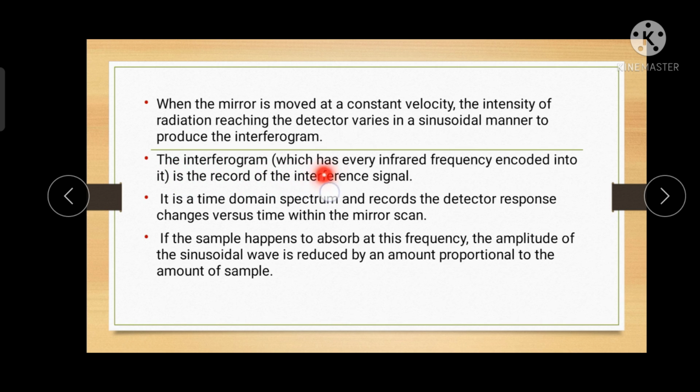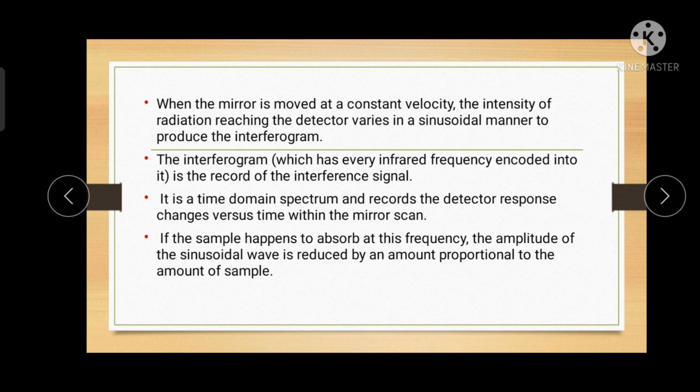The interferogram has every frequency encoded into it, that means the interferogram consists of the information about every frequency component of the radiation and is a record of the interference signal. It is a time domain spectrum and records the detector response changes versus time within a mirror scan.